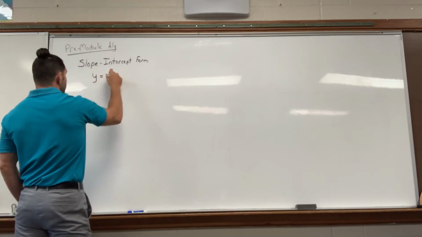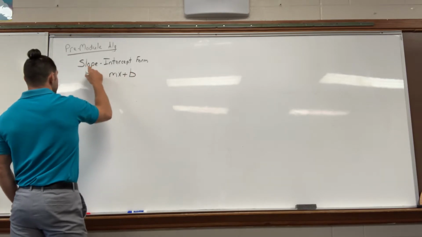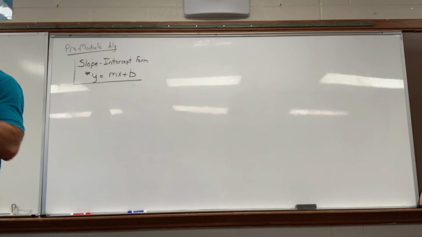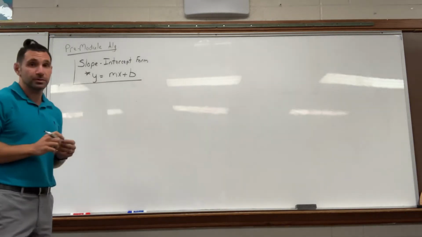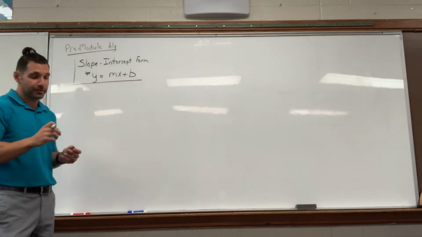Y equals mx plus b. Slope intercept form is the equation y equals mx plus b. And you might say, why is this important? Slope intercept form helps me graph.